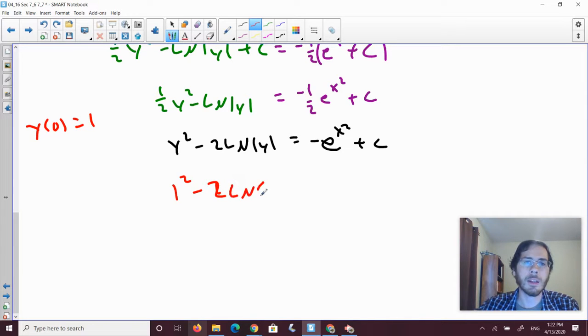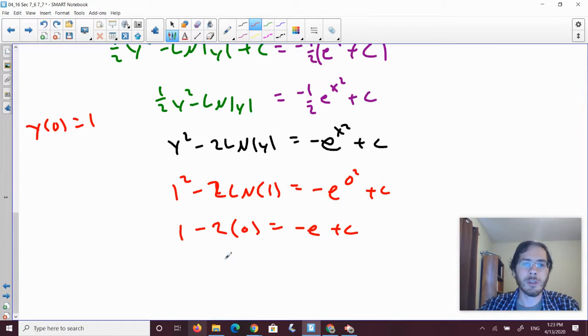1 squared minus 2 ln of 1 equals negative e to the 0 squared plus c. All right, well, 1 squared is 1. Ln of 1 is 0, so 1 minus 2 times 0 equals, well, e to the 0 is just e to the 1, so that's just negative e plus c.